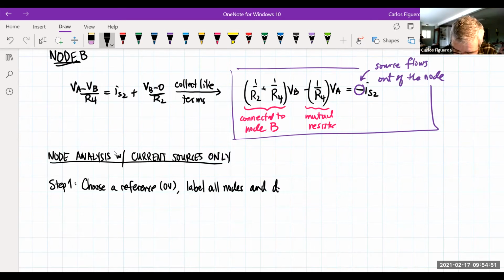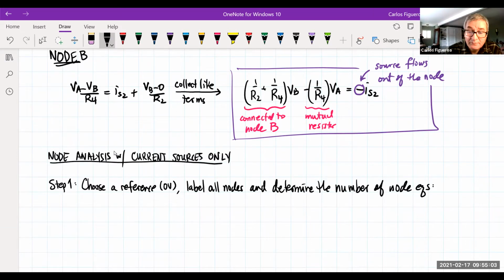And determine the number of node equations. In other words, you're going to have n nodes, right? This is the total number of nodes. And then you're going to go minus 1.